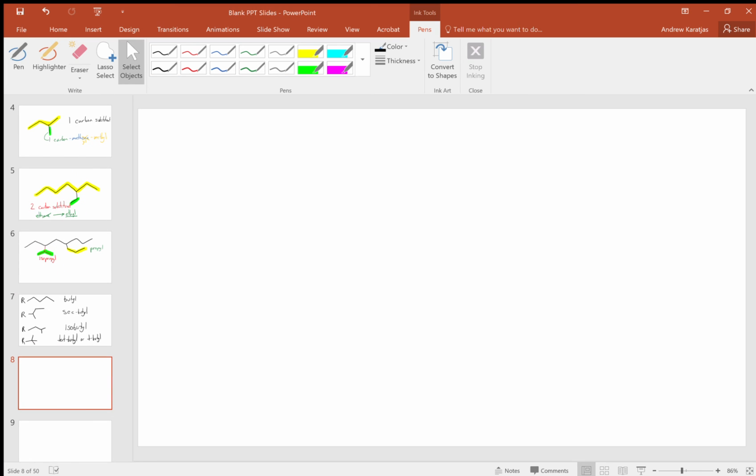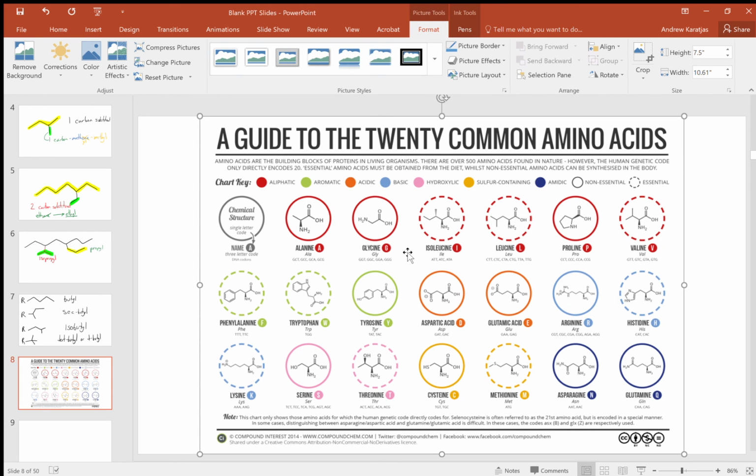Now this unfortunately ends up leading to what I think is one of the more unfortunate pieces of nomenclature that may be relevant to you at some point. So here's a chart of amino acids. And if you take biochemistry at some point in the future, you very well may have to memorize the 20 amino acids.